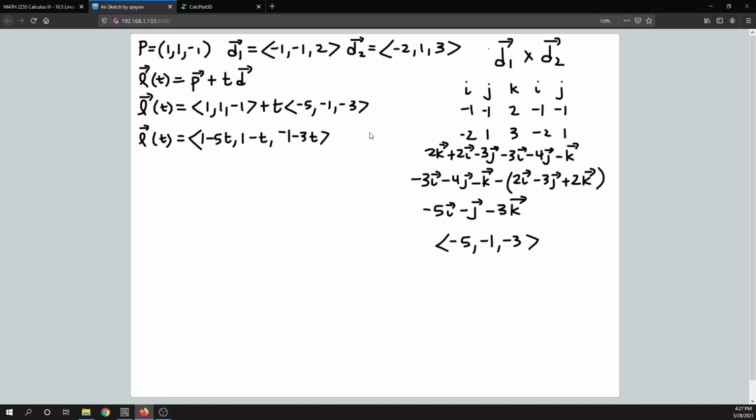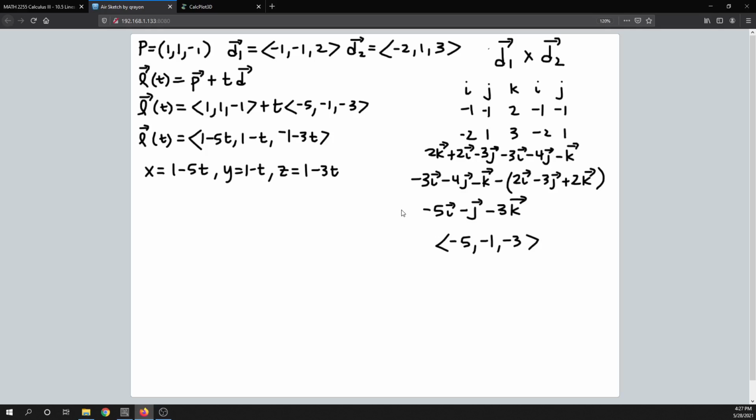And then to write the parametric equations, it's just x equals the first component, y equals the second one, and z equals the third component there.